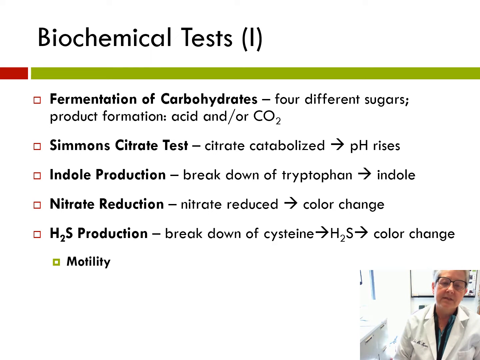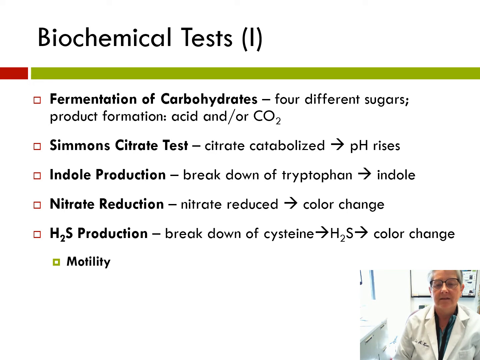We'll do the Simmons citrate test. That is, the bacteria can use citrate as its sole carbon source, and it can catabolize that citrate. If it does, then the pH rises, and we can tell the difference by a color change in the media. Does your bacteria produce indole? That is, can it break down tryptophan to produce indole? And can your bacteria carry on nitrate reduction?